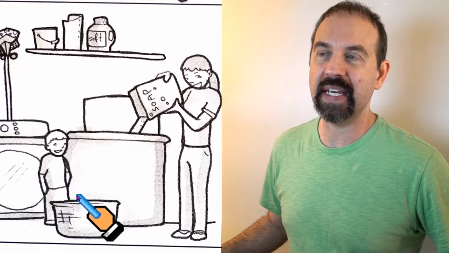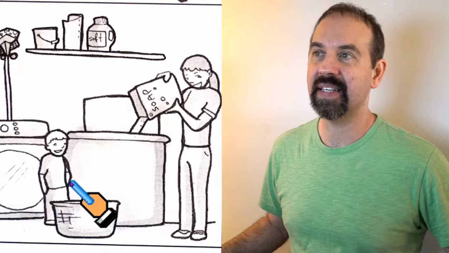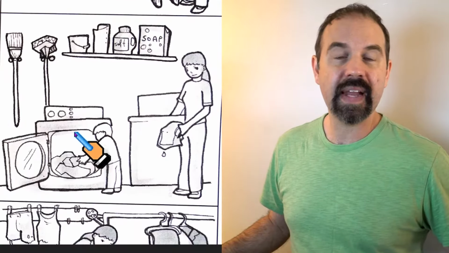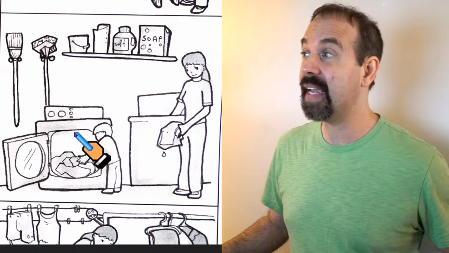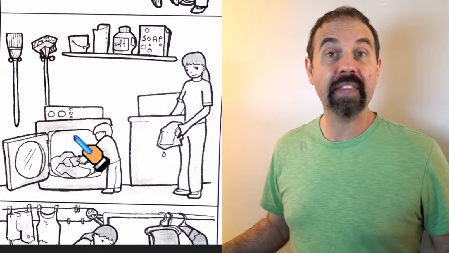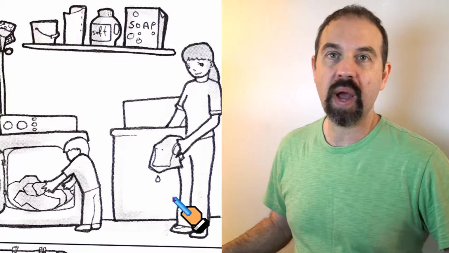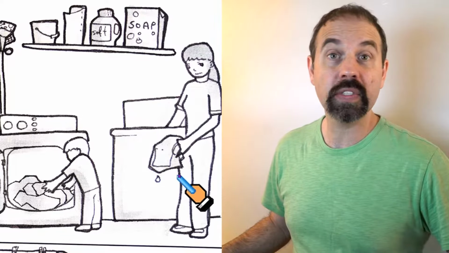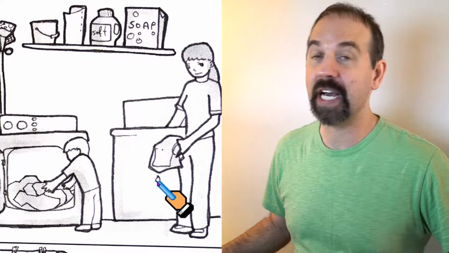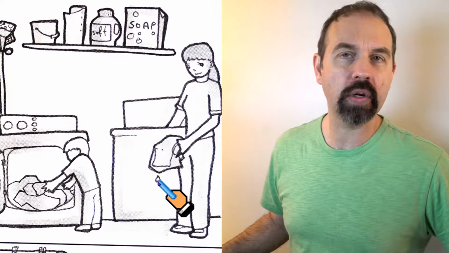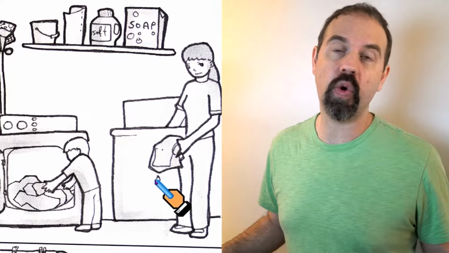And the boy's just standing there with his hands in his pocket. In the next image, we see the mother taking out the washed clothes, and the child is putting the clothes into the dryer. Right here we can see that the clothes are dripping because we see a droplet or a water drop or a drop of water.